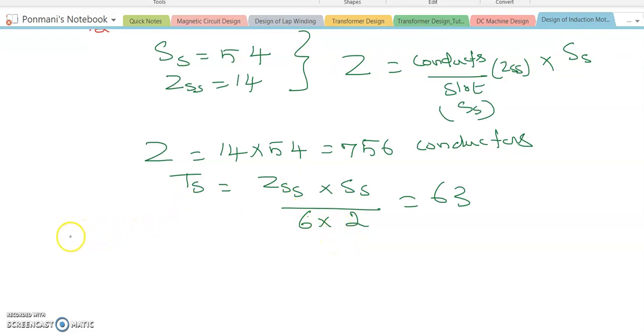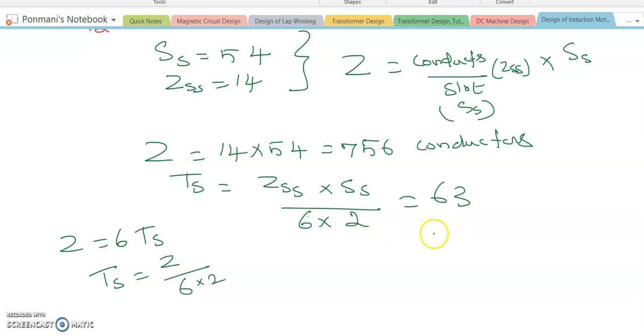Actually the equation is total number of conductors Z is 6 into TS. So Z is 756, directly you can substitute it here. But it being 2 parallel paths, we multiply with 2 here. So TS from this equation is Z by 6, and with 2 parallel paths we get this.